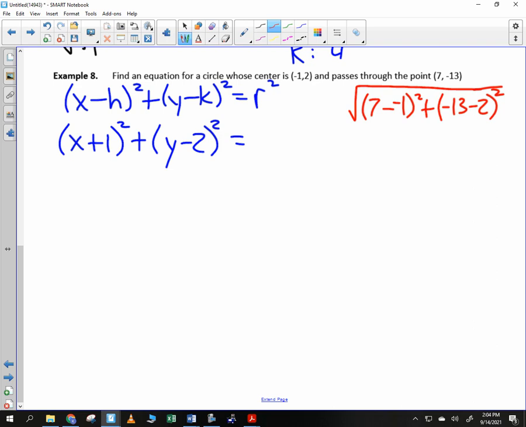What is 7 minus negative 1? 8 squared. What is negative 13 minus 2? Squared? What is 225 plus 64?